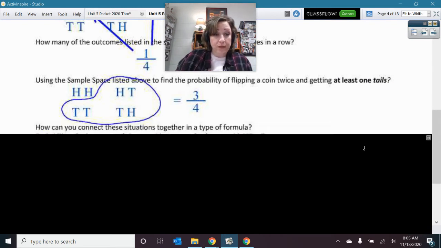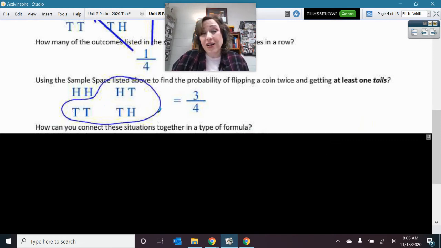Another way that we can think of this is that to have at least one, it's all of the possible combinations with the exception of this piece here. And this piece here is the probability of no tails.